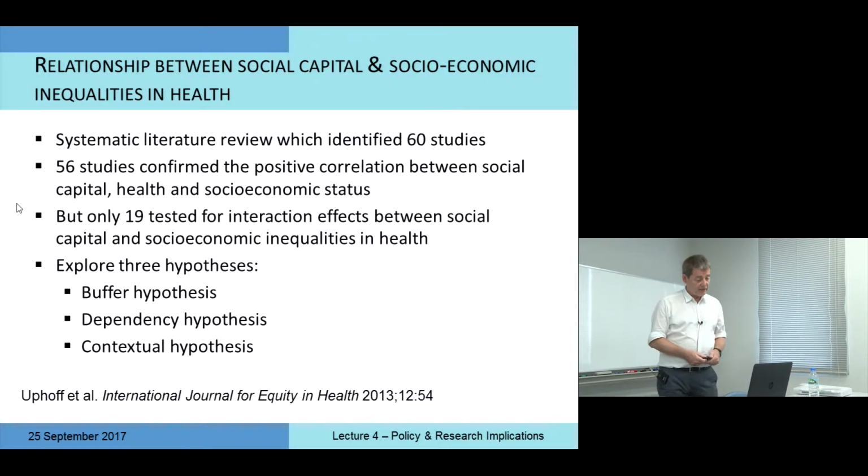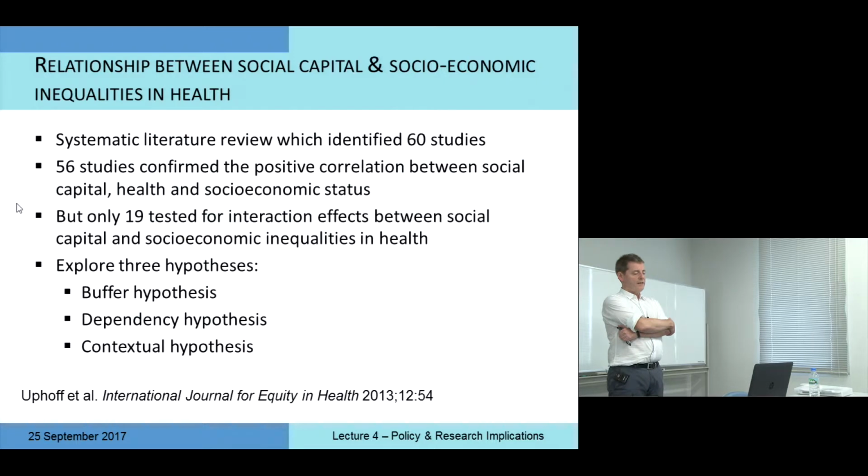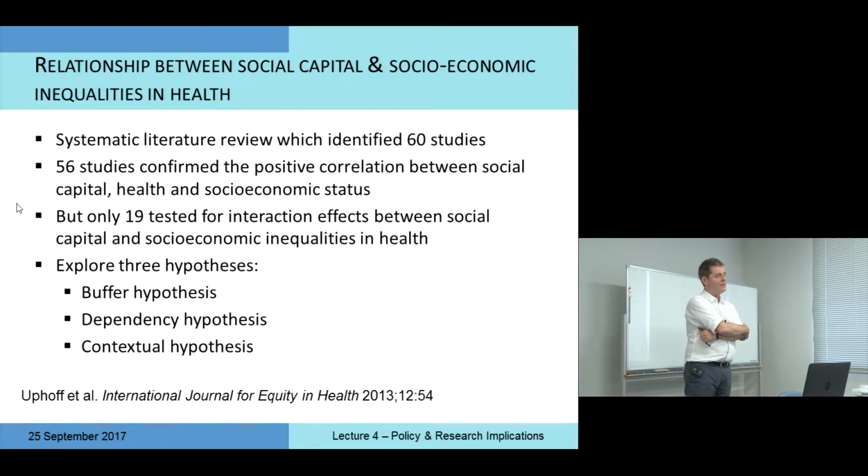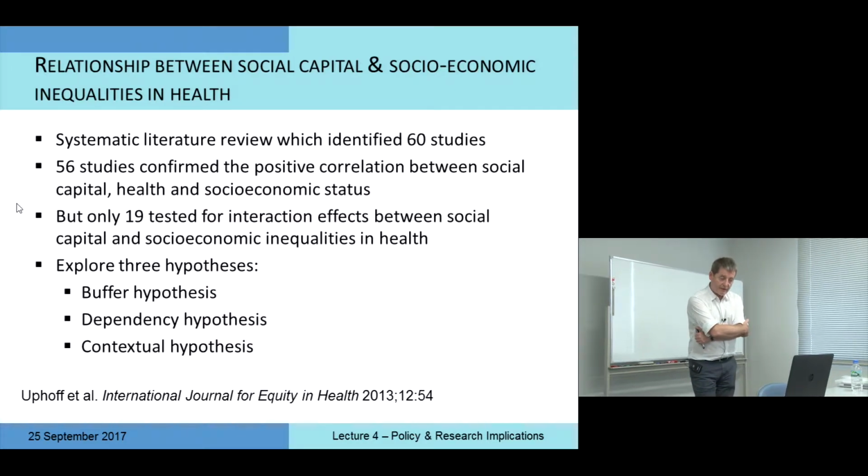So they identified 60 studies, which, I don't know, doesn't seem very many, but that was 60 studies. Their strategy essentially was the studies had to be, one, about social capital, and two, must say something about socioeconomic inequalities in health. But anyway, they identified 60.